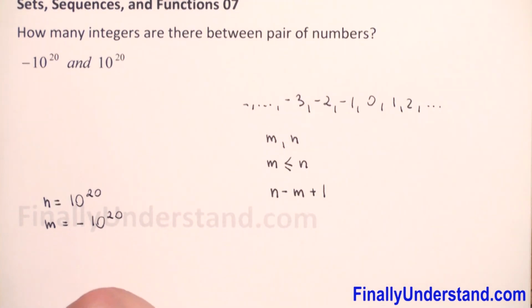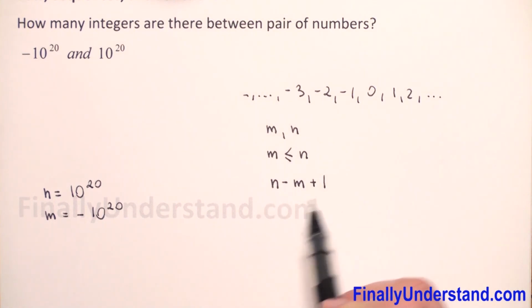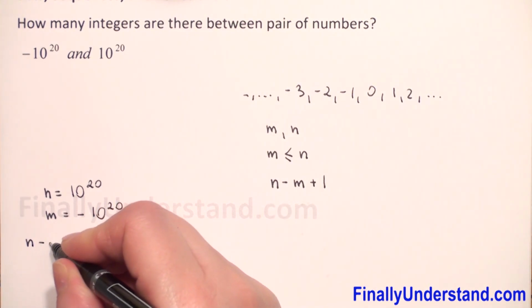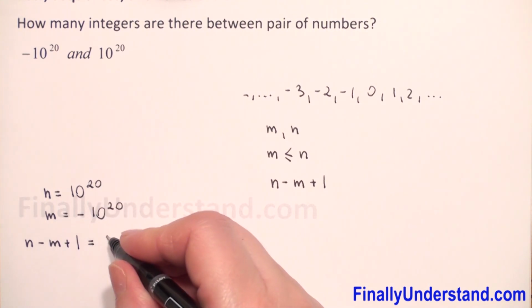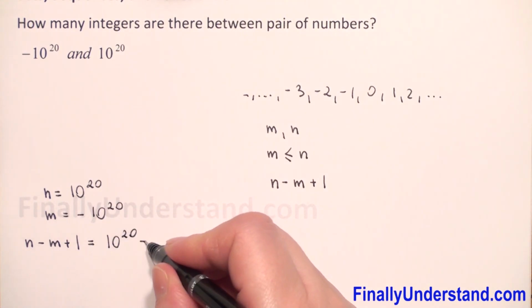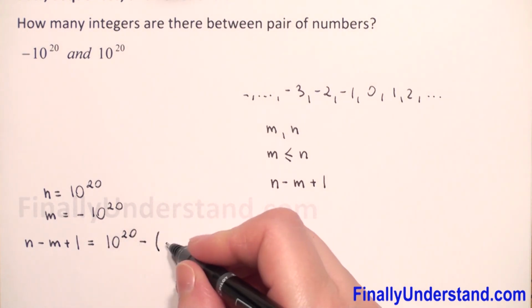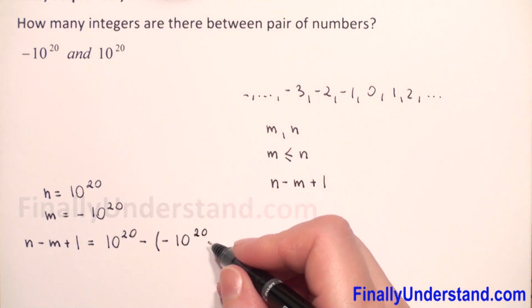So now we will just use this formula. We have n minus m plus 1. So this is equal to n, which is 10 to the power 20, minus, in parentheses, negative 10 to the power 20.